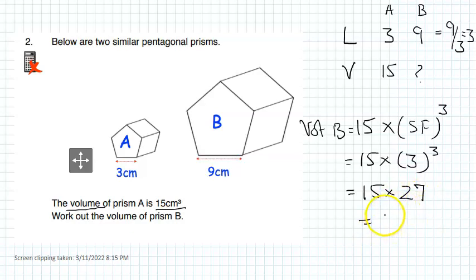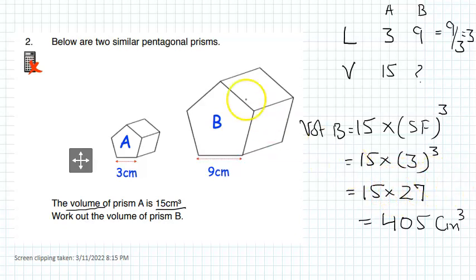So 15 multiplied by 27 is 270 plus 135, 405 centimeter cube. So you can see it's easy to do this question.